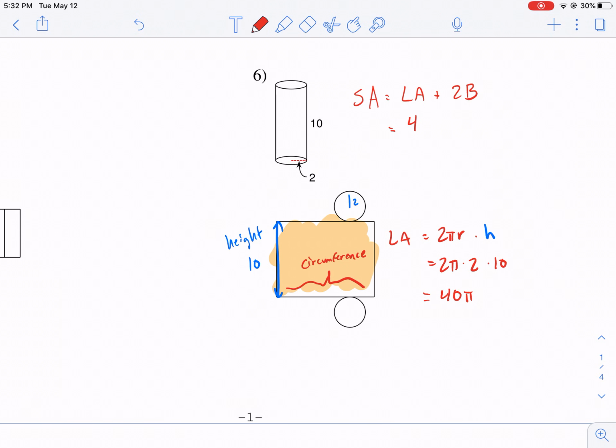Okay, so we get 40 pi for our lateral area, and now we need to get our 2 bases. Now we know the area of a base for a circle is pi r squared, so we're going to do pi times 2 squared, which is 4 pi. So we're going to double that, 2 times 4 pi, and we get 48 pi unit squared.